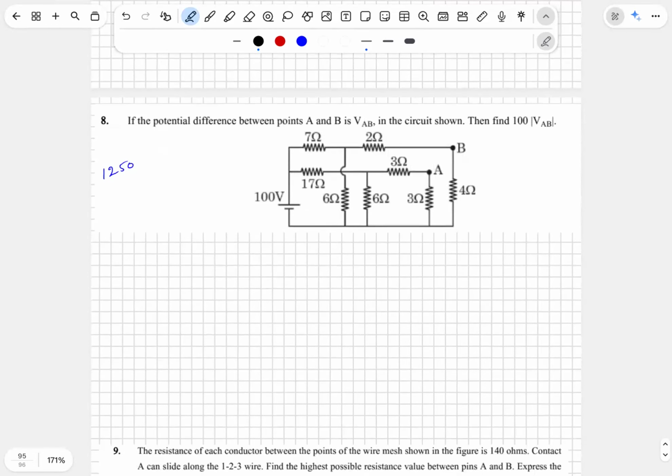Next question. Find the potential difference between points A and B. What is your circuit basically? Remember that there is a crossing.